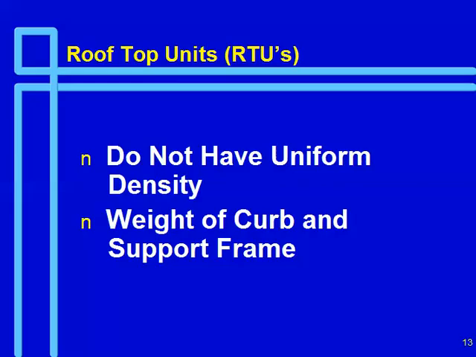Take the weight of the rooftop unit, divide it by 2, and it'll work. Okay, and use those same reactions everywhere. Saves you a lot of engineering time, and it doesn't cost any money. Don't forget that the weight of the curb and support frame are probably not included when they give you the weight of the unit.